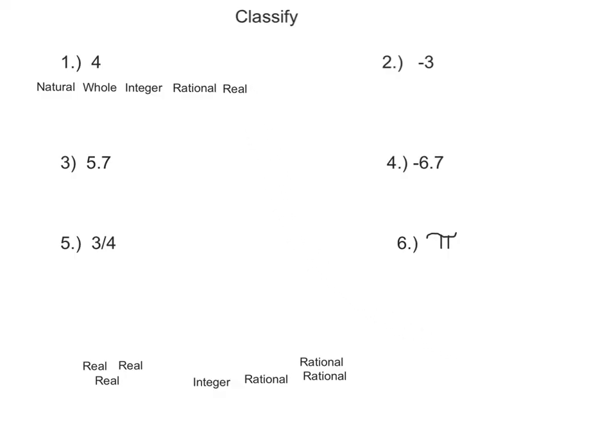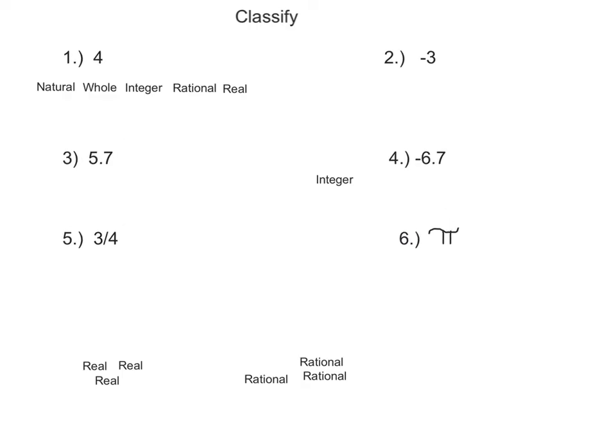So let's look at number 2. We've got -3. Well, we know we didn't learn to count with negatives, so we know it's not a natural number. Whole numbers are just natural numbers plus 0, and it's definitely not one of those. So let's look for our next category, which would be integers.